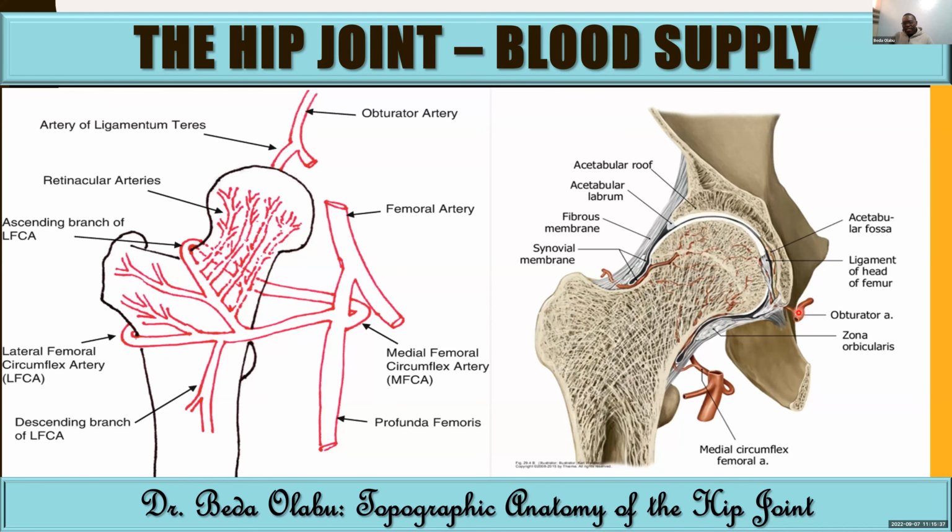Then that is the acetabular branch of the obturator artery entering through the acetabular foramen, and then following the ligamentum teres to the fovea capitis. I've told you that even though we're talking about anastomosis, the medial circumflex femoral artery is the chief contributor to the blood supply of the head of the femur.